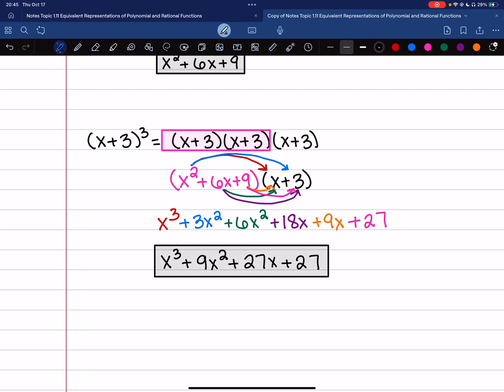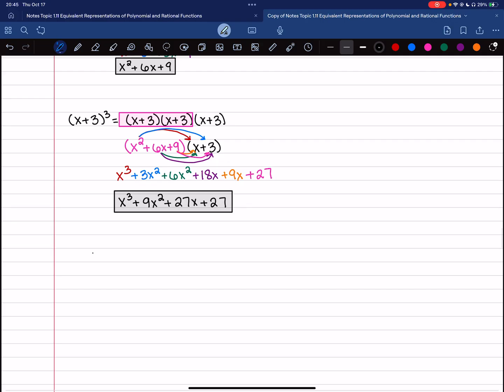Okay, now what if we were asked to find x plus 3 to the fifth power? Would you really want to have to write this out 5 times and then multiply and just keep multiplying? I don't think so. So the binomial theorem, or Pascal's triangle, is going to help us with this.